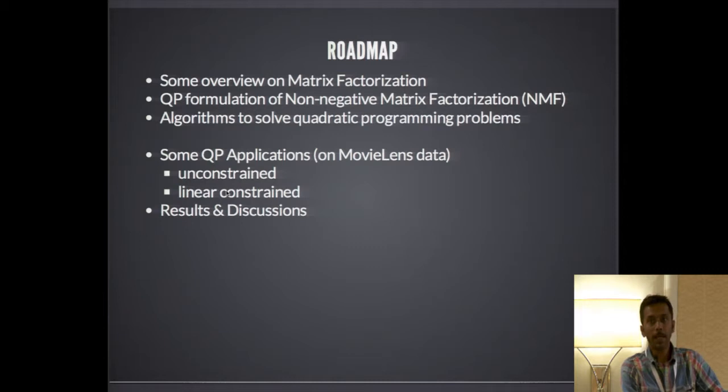Followed by that, we'll go through a few use cases demonstrating the different constraints. Particularly interesting are the linear constraints, where we'll show sparsity bounds and equality constraints. We'll end the talk with some results and discussion, and at the end we'll go with the Q&A.